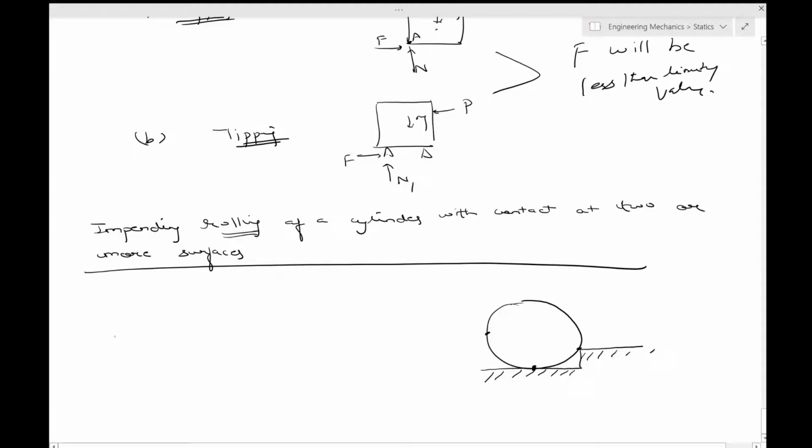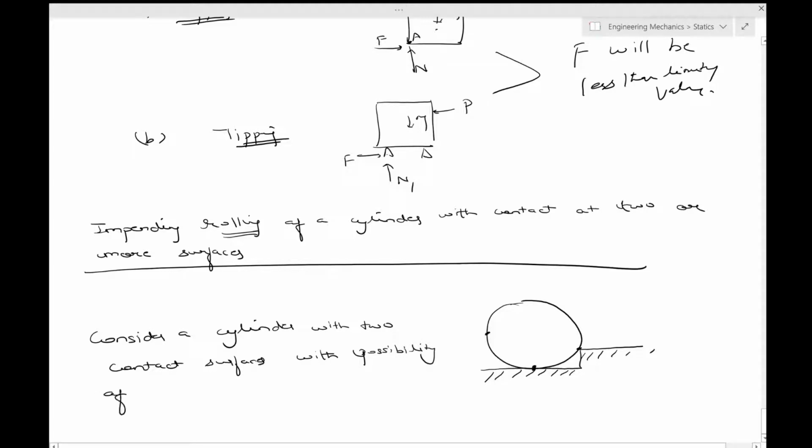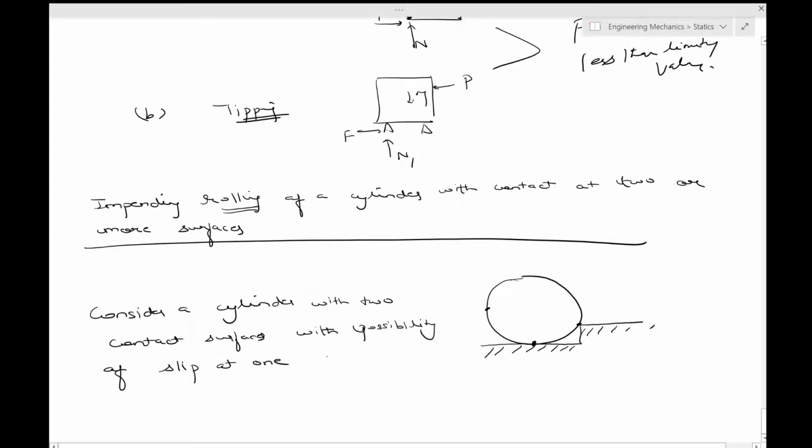So consider a cylinder with two contact surfaces with possibility of slip at one and no slip at the other.